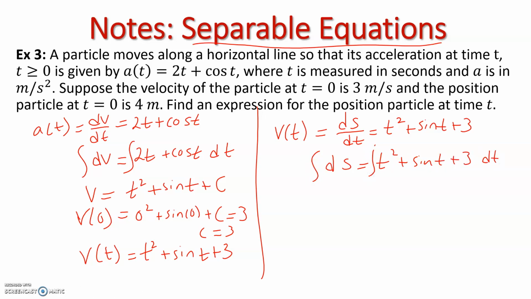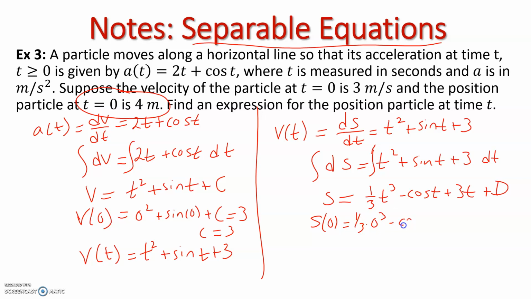Integrating both sides of the equation, this becomes s is equal to 1/3 t cubed minus cosine of t plus 3t plus a constant d. We know, according to the problem, that at time 0, we are at a position of 4. So s of 0, which is 1/3 times 0 cubed minus cosine of 0 plus 3 times 0 plus d, is 4.